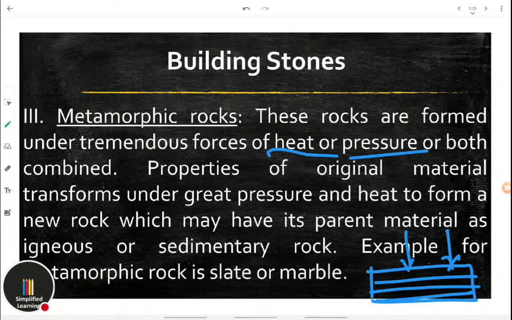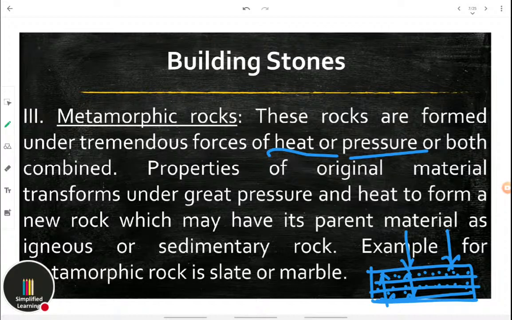Now what will happen? Whatever the compounds which are responsible for formation of those igneous or sedimentary rocks will fuse together. Okay, because of the temperature and pressure, the heat factor, the fusing action will take place. The particles are going to fuse and they are going to form an altogether new kind of rock, the rock that we call metamorphic rock.